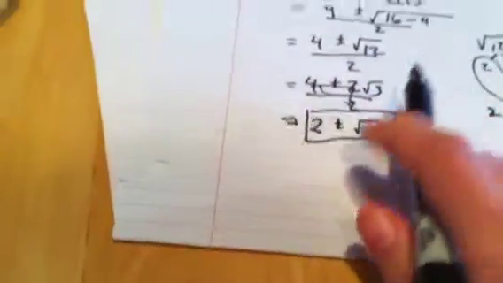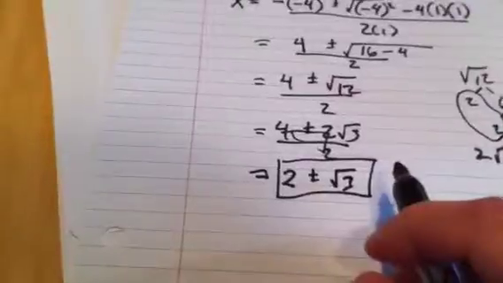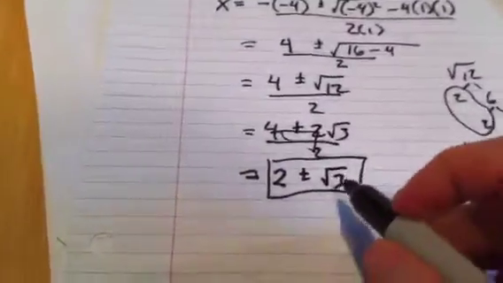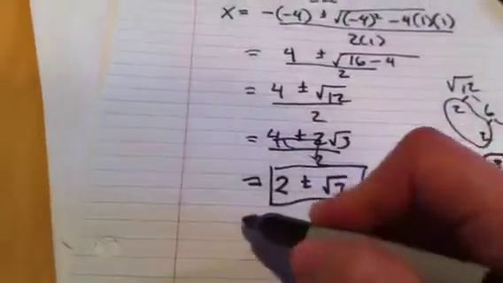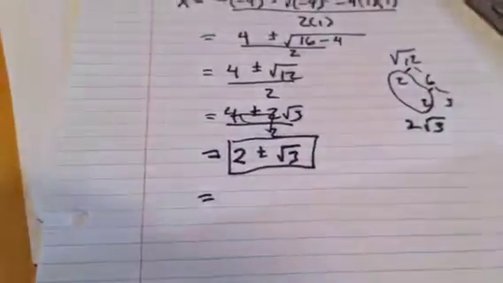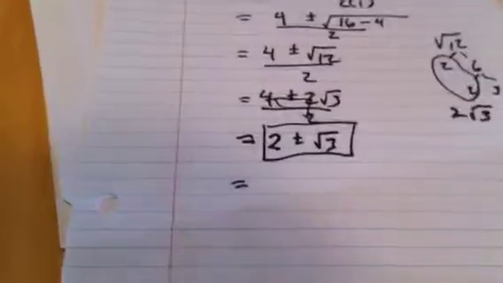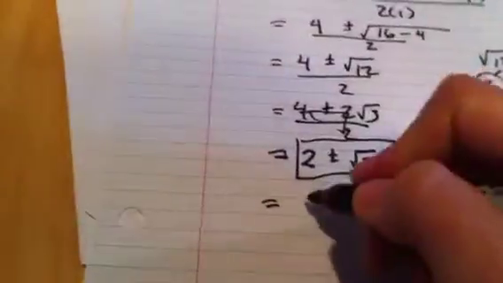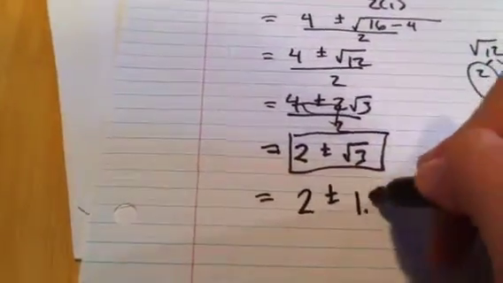Okay, and now he wants you to graph this thing. Now, to be able to graph 2 plus or minus root 3, while we're on here, we're just going to use our calculator. So I'm going to find the square root of 3, which is about 1.73. So this is 2 plus or minus 1.73.